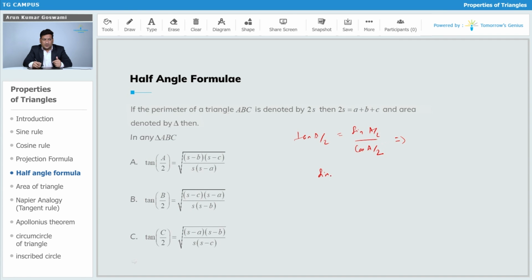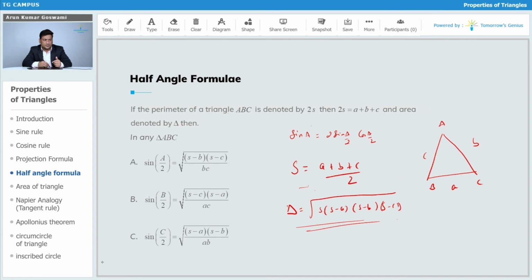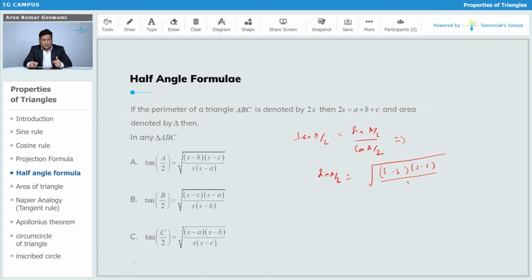First I will write sine A by 2, which is under root of (s minus B) and (s minus C) divided by BC, and cos of A by 2 is nothing but s into (s minus A) divided by BC. When we take the ratio of sine A by 2 divided by cos A by 2, it is nothing but tan A by 2.